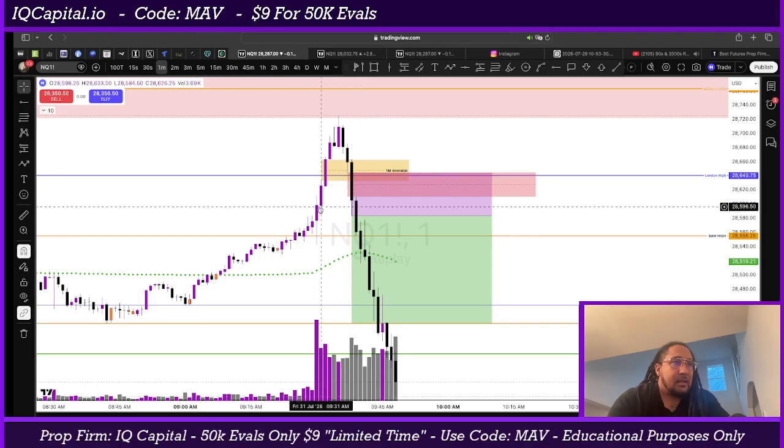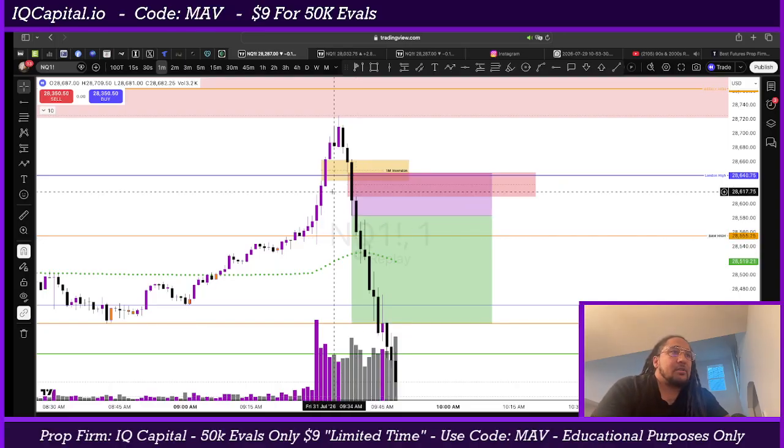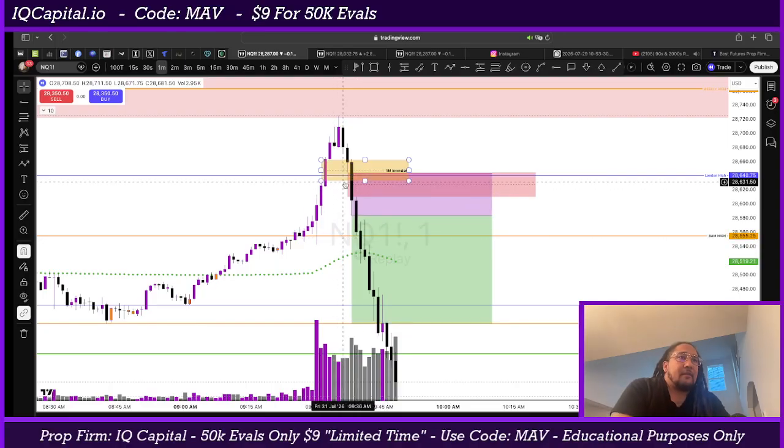Now where the fluidity comes in this market, it's moving with such force, there was no retest of that inversion.